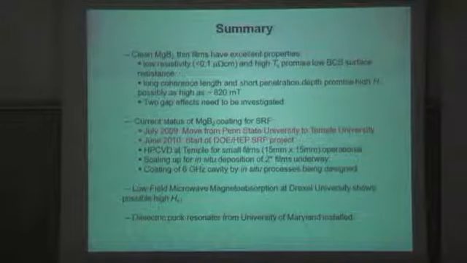The optimistic estimates would be something like 800 millitesla compared to 200 for niobium, although there are many issues that need to be studied to see realistically what the thermodynamic critical field will be.